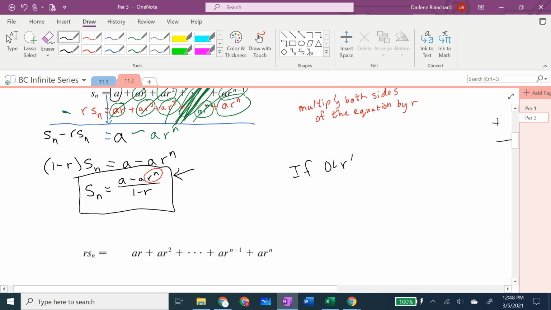Do you see that the limit as n approaches infinity of this nth partial sum formula must be equal to a minus 0 over 1 minus r? In other words, if you know that your r is between 0 and 1, not only do you know that it converges, this is the formula for the infinite sum.